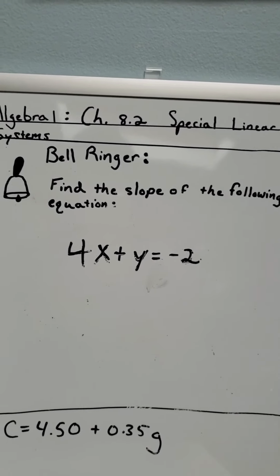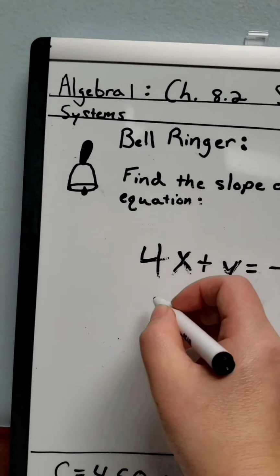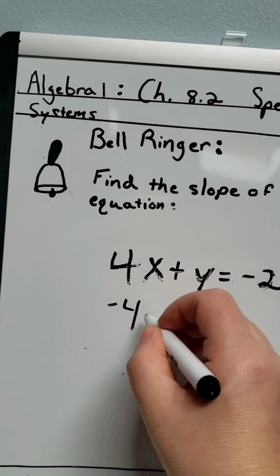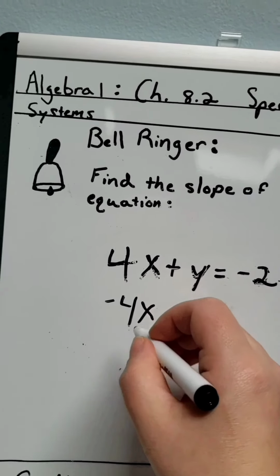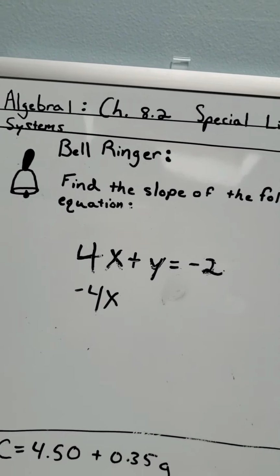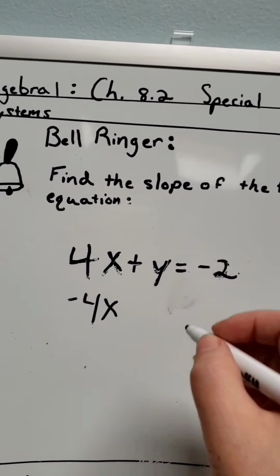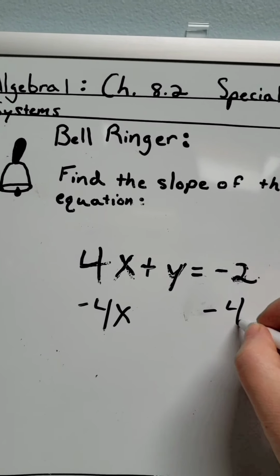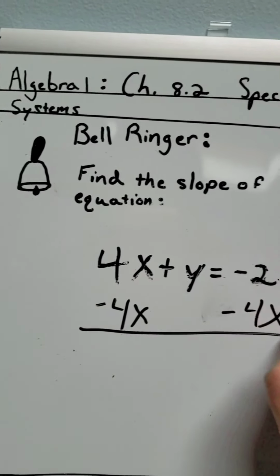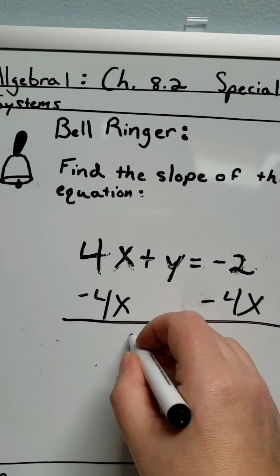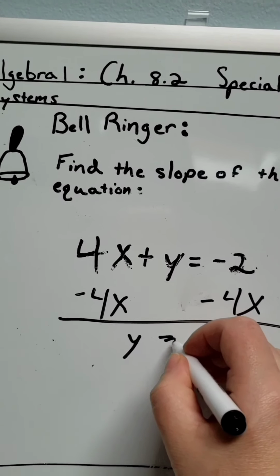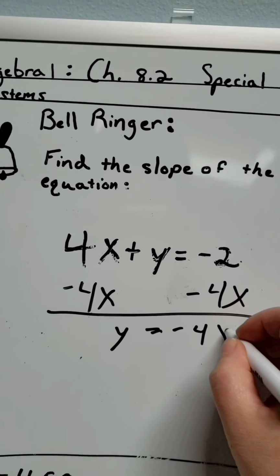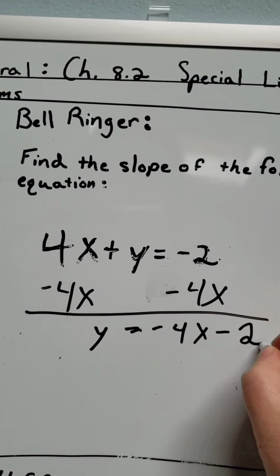Right. Now that you've figured it out, let's see if everyone has the same answer. So, in order to get y by itself and get your equation in the y-intercept form, we're going to subtract negative 4x from both sides, leaving us with y equals negative 4x minus 2.